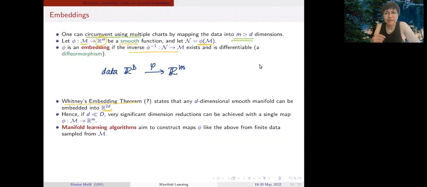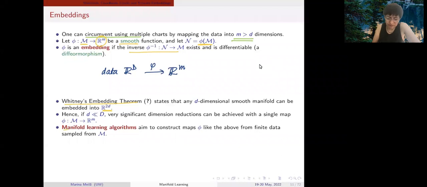So if we have 60 dimensions, but the intrinsic dimension is 2, then we can obtain an embedding that has dimension at most 4. So we can obtain very significant dimension reduction without worrying about charts.